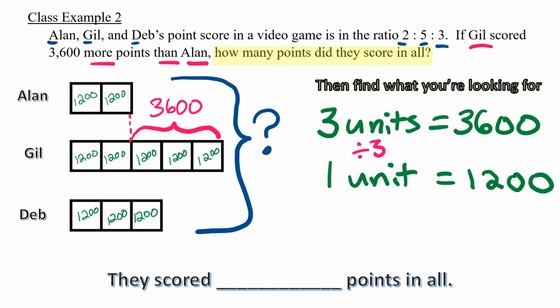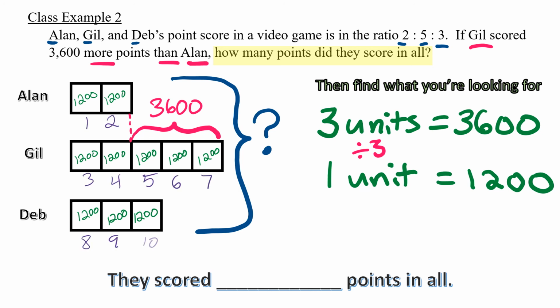So, to find what we're looking for, again, we're looking for the total. Now, I could do 1,200 times 2 for Alan, and 1,200 times 5 for Gil, and 1,200 times 3 for Deb, and then add everybody's individual scores up. But that's a lot of work. Since I'm just looking for the total, I can ask myself how many total units are here.